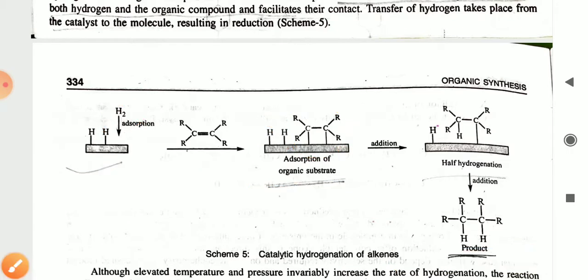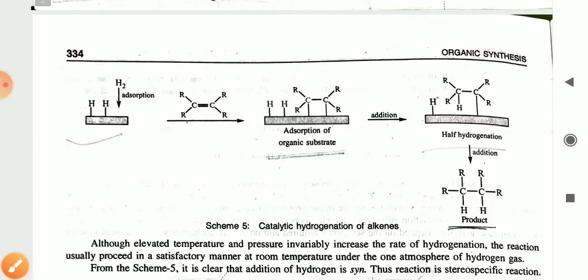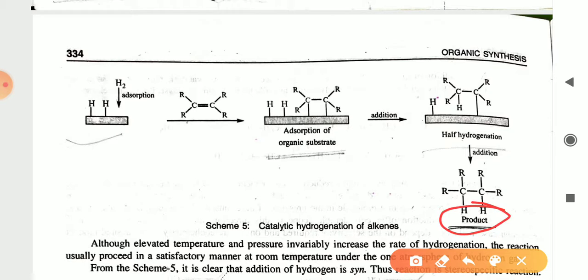One hydrogen which is adsorbed on the surface of the catalyst will combine with the alkene. Then, in another addition, the final product has the two extra hydrogens in the presence of the catalyst.